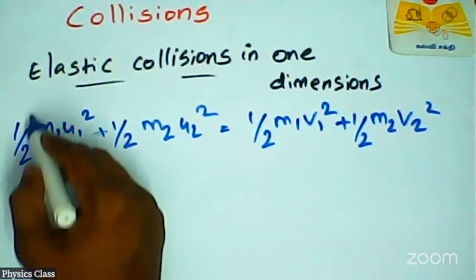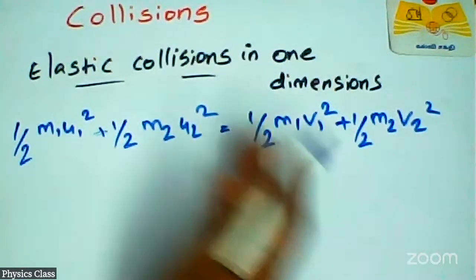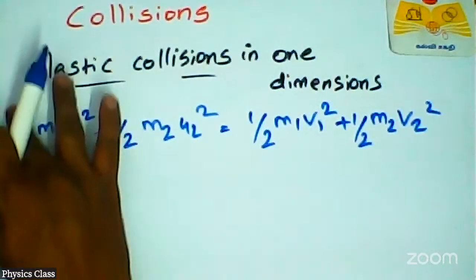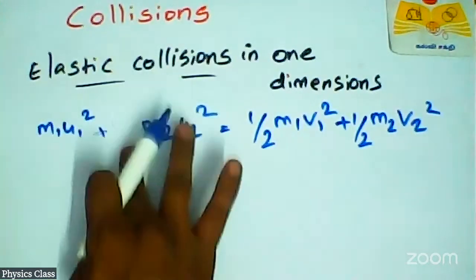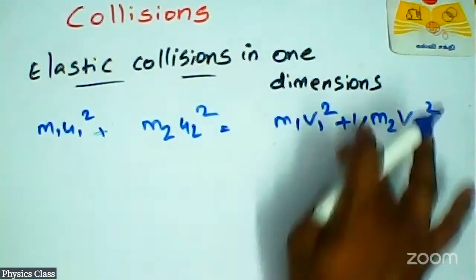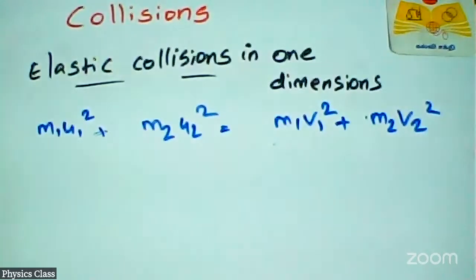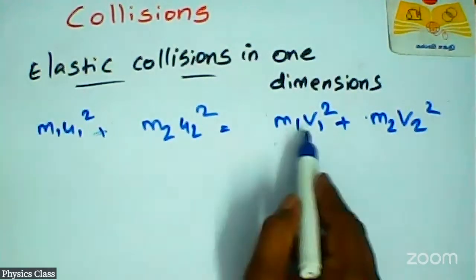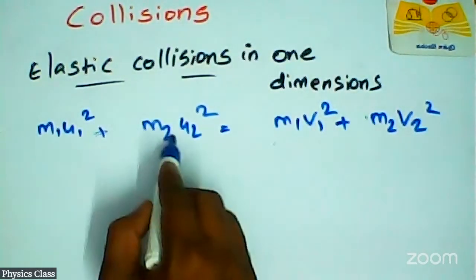We can cancel out the common factor. Now take this quantity into here and this quantity into here.